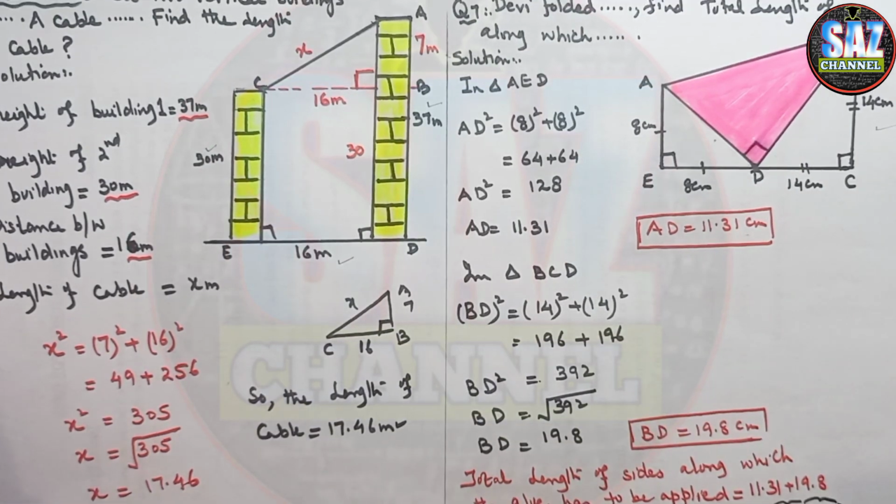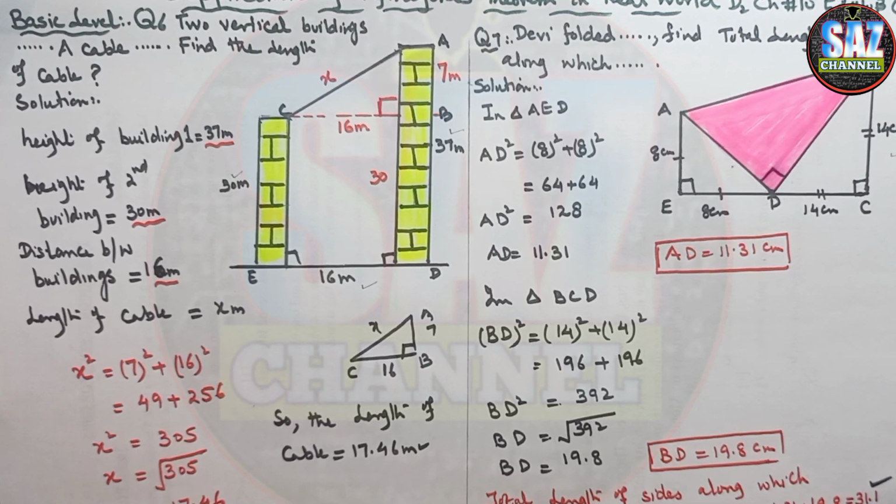Let me quickly hold the calculator and add up 11.31 and 19.8, and this will give me 31.1. So the final answer is 31.1 centimeter. I hope you are clear about this lesson.